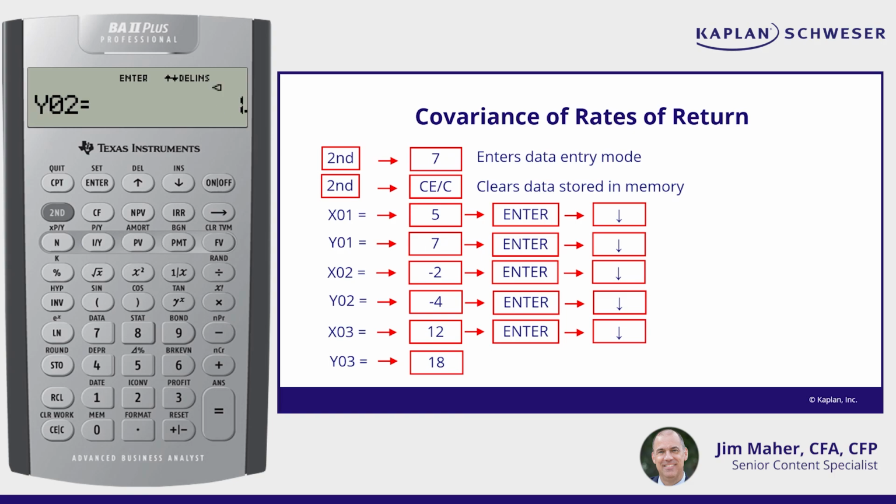We continue to do this, 4 and negative, then press enter and go down again. In our third observation, we have 12, enter, down arrow, and our third observation for Y, our stock 2, is going to be 18, and you press enter there as well.